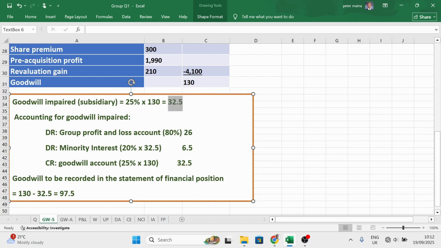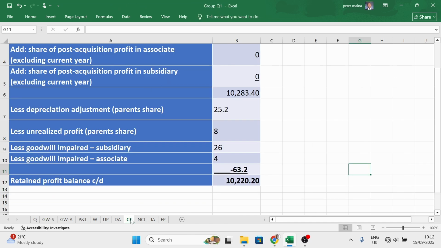Then the parent took a share which was 80% of 32.5. That is what gave us 26. So this 26 will be taken to the statement of change in equity. So less goodwill impaired in subsidiary 26.